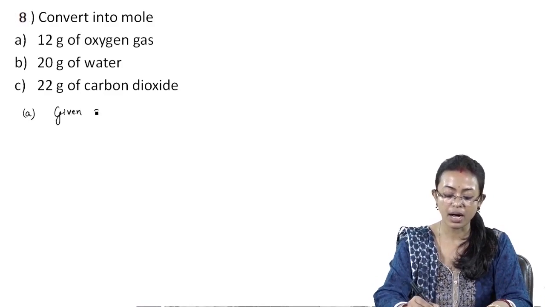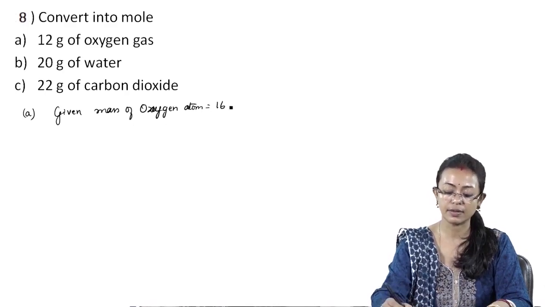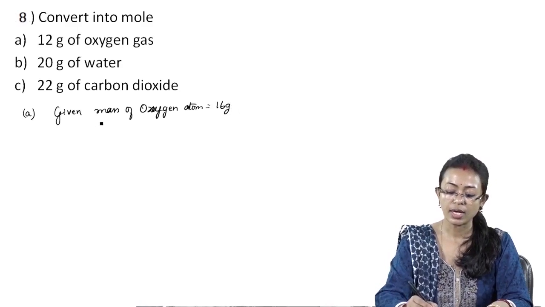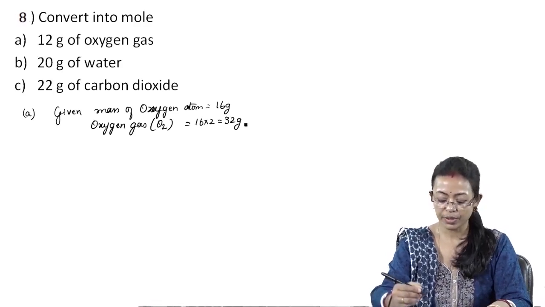Given mass of oxygen atom is equal to 16 gram. So for oxygen molecule, oxygen gas, it's going to be O2, which is equal to 16 into 2, that is 32 gram.